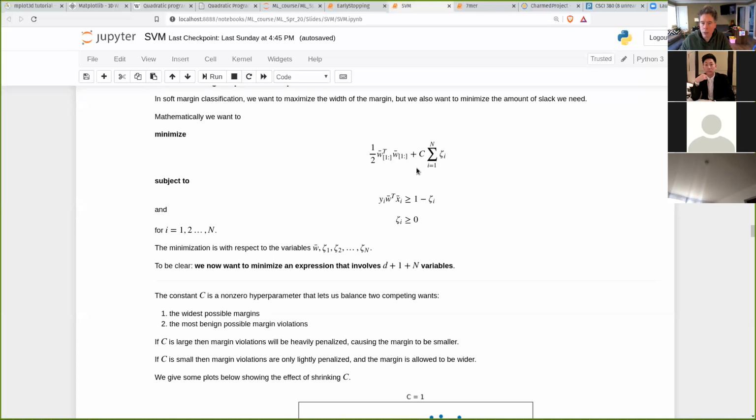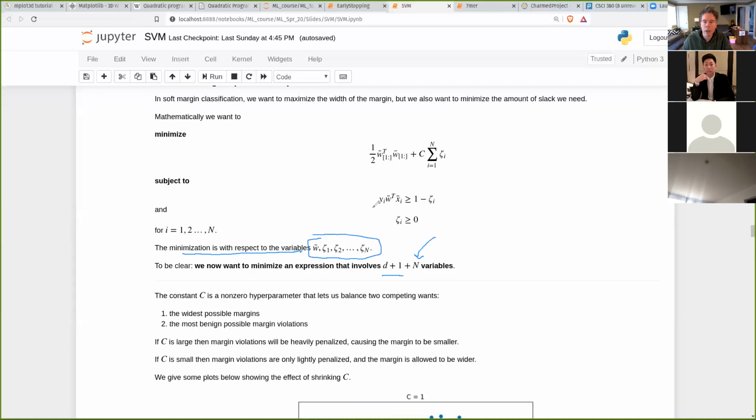Notice that now there are more variables. This was definitely a problem for me when I was learning about this stuff. The minimization is with respect to a lot of variables. We want to minimize this expression with respect to d+1 variables just for w, and then n more variables for the slack variables. It seems crazy, but we actually are going to find the minimum for this hugely multivariate problem.